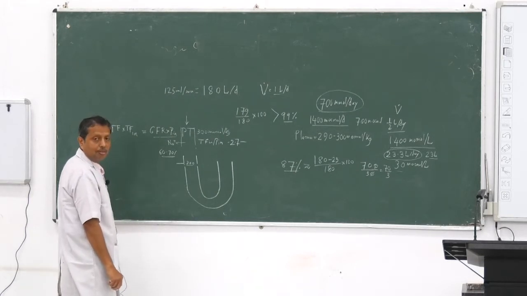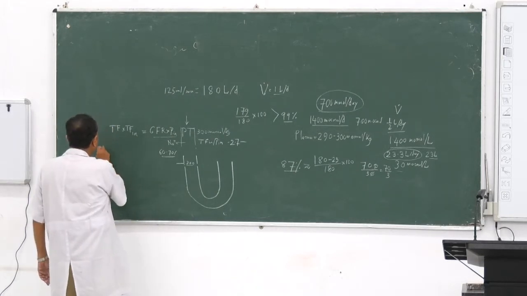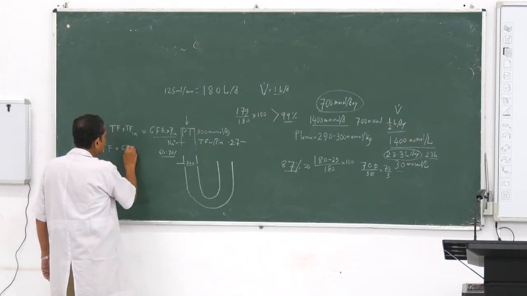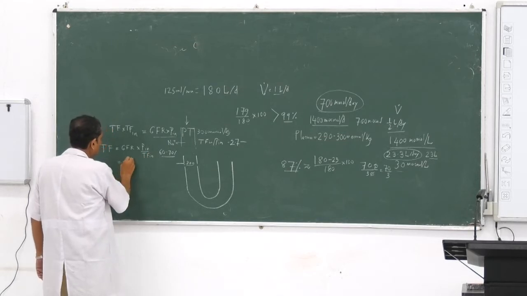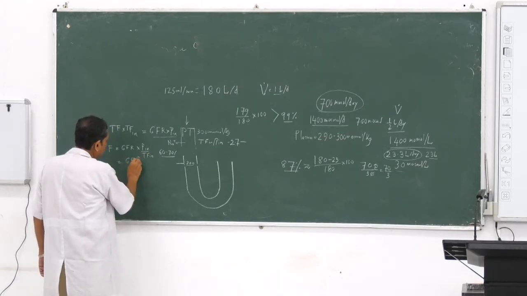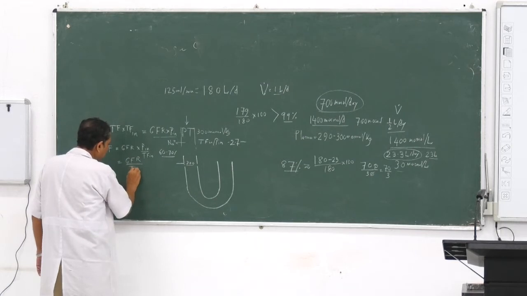So tubular fluid volume is equal to GFR into plasma inulin divided by tubular fluid inulin. That is, GFR divided by the ratio of tubular fluid inulin to plasma inulin.